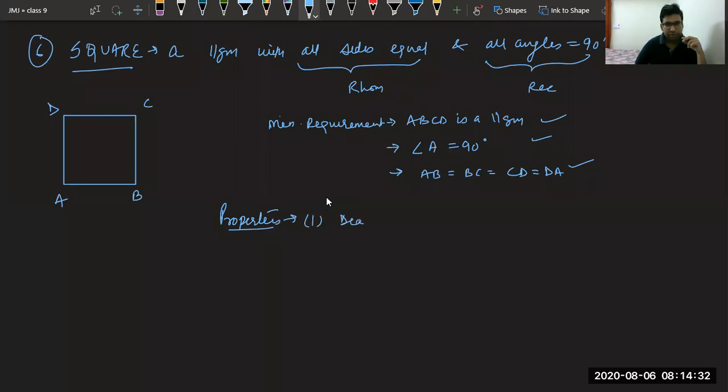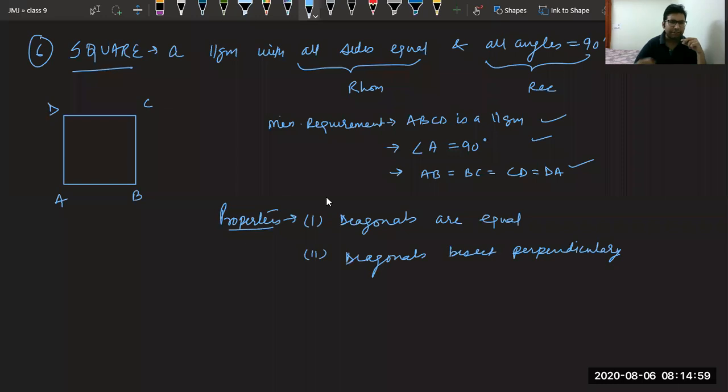First thing is diagonals are equal. Second thing, it is a special rhombus also. So that means diagonals bisect perpendicularly. So we have understood the flow diagram a little bit in our mind.